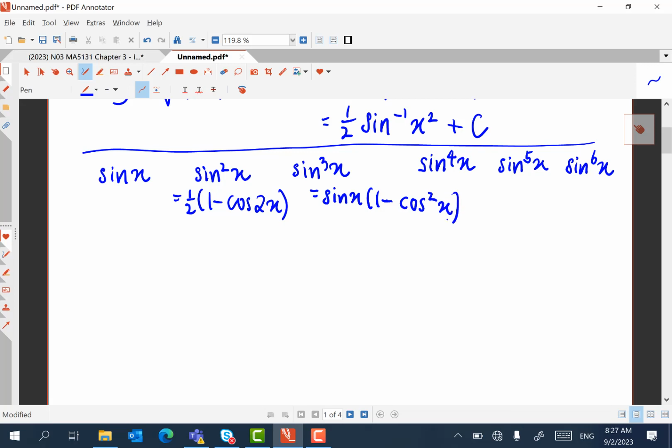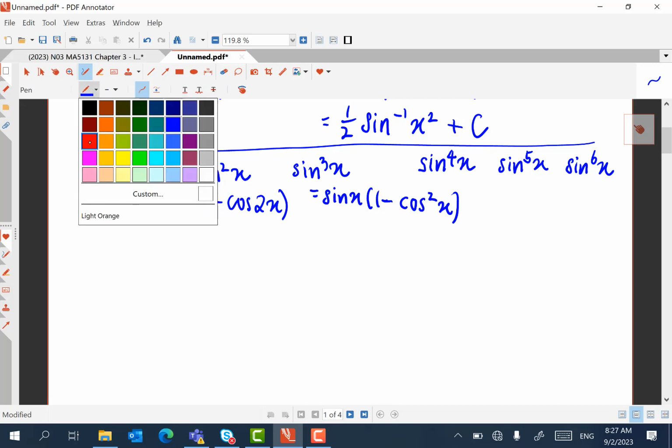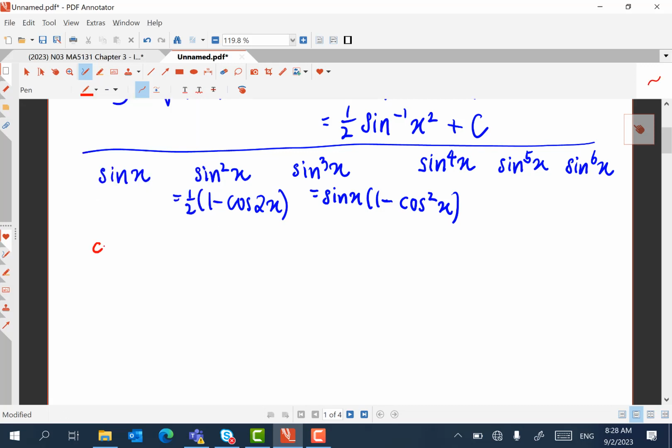So you want to think, are you able to handle sine to the power 4, sine to the power 5, sine to the power 6? And the truth is, quite long ago, I took the pain to write down the solution for the 6 of them. And not just that, I then wrote down the solution for another 6.